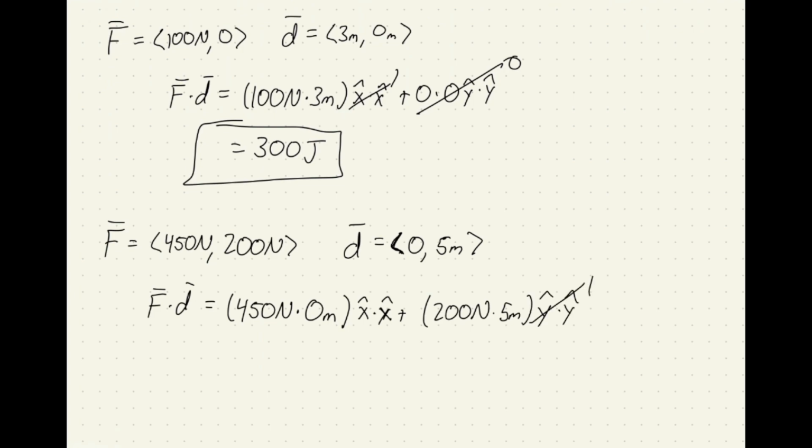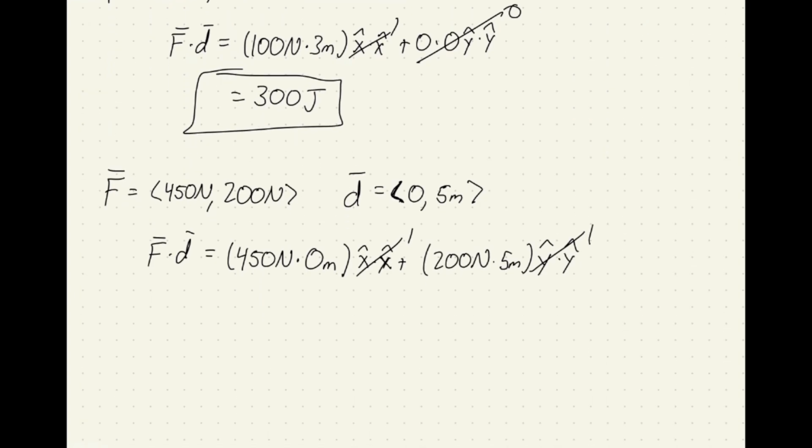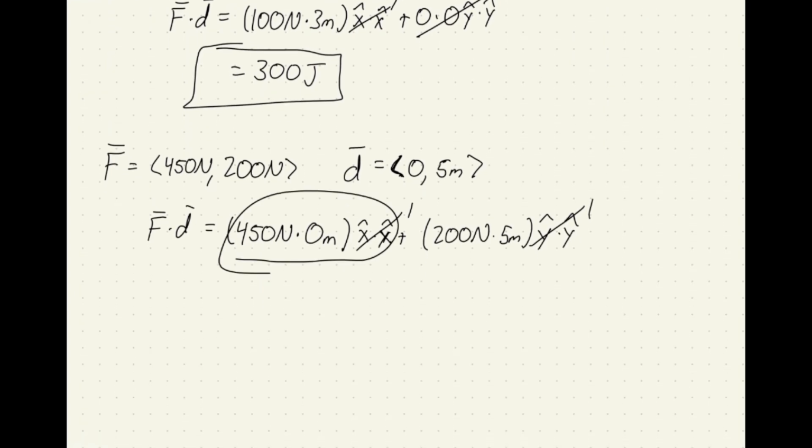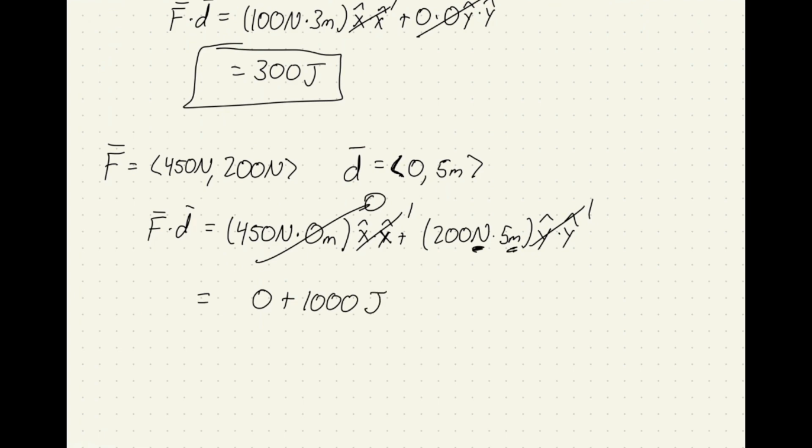So y hat dot y hat is 1, x hat dot x hat is 1, but the whole x term is times 0, and so that whole thing goes to 0. Then I would have 0 from my x stuff, and for my y stuff, I would have 5 times 200, which is 1,000. And then I have a newton times a meter, which is a joule. So 0 joules plus 1,000 joules is equal to just 1,000 joules.